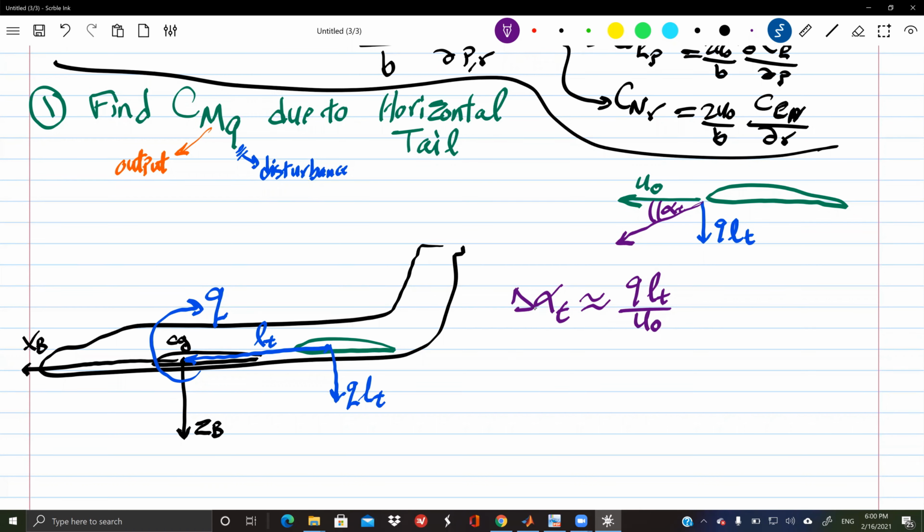Why? Because if any surface, not only the tail, experiences a change in the angle of attack like this. By the way, is the change in the angle of attack positive or negative? Like the angle of attack increases or decreases? The angle of attack increases. Why? Because the surface itself is going down. So you can make the usual trick, which is keep the surface stationary and have the air coming in the opposite direction.